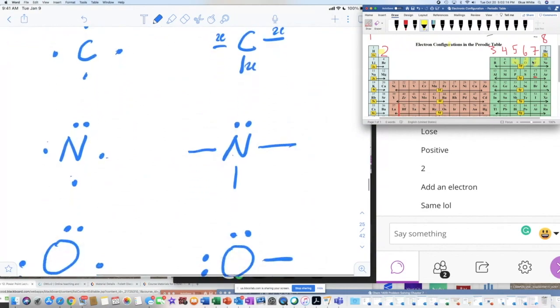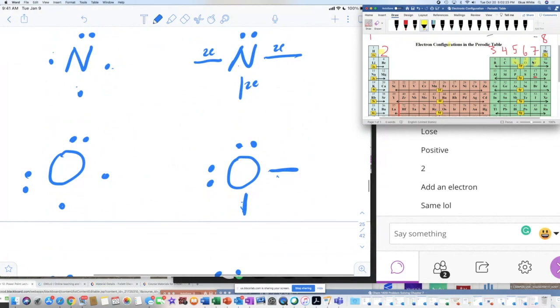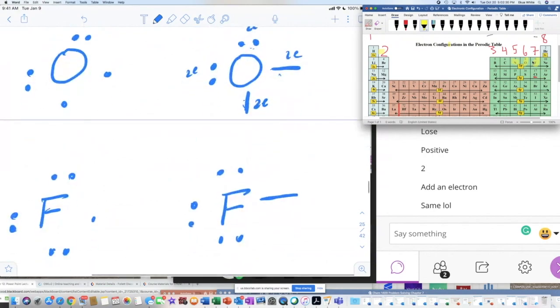Nitrogen, 3 bonds, a lone pair, 2 electrons, 2 electrons, 2 electrons, 2 electrons. Oxygen, 2 bonds, 2 sets of lone pairs, 2 electrons, 2 electrons, 2 electrons, 2 electrons. Fluorine, 2 electrons are bonded, the other 3 sets of 2 are lone pairs.